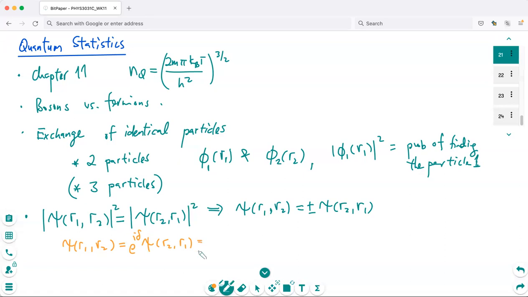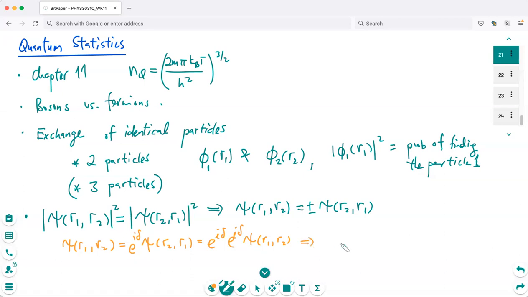All right. So what if I swap again? Let me swap again. If I swap R1 and R2 again, I will acquire the same phase. Okay, and then I look at the left-hand side and the right-hand most line. I realize they are the same side of R1, R2, and here I also have that.